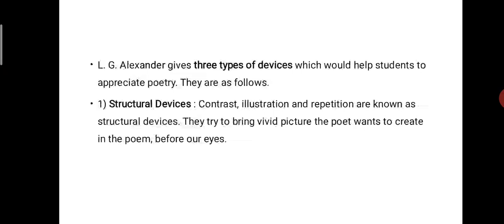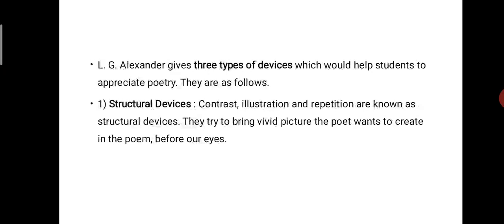Contrast is the first, the most common of all structural devices. Here we find 2 completely different pictures side by side. Sometimes this contrast can be seen very easily, but sometimes it is implied or suggested indirectly.